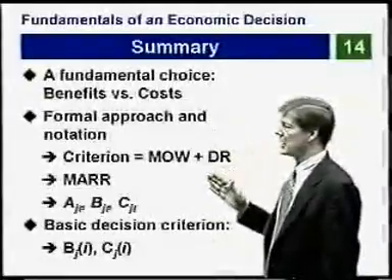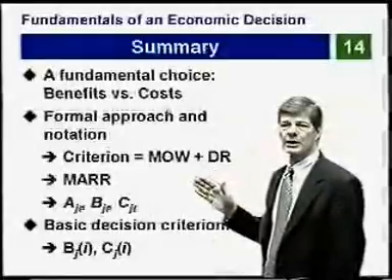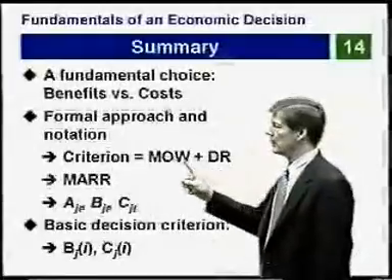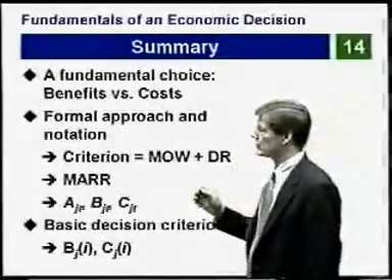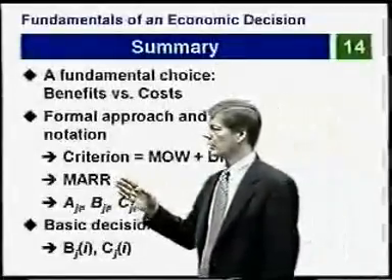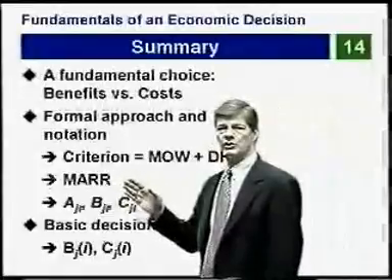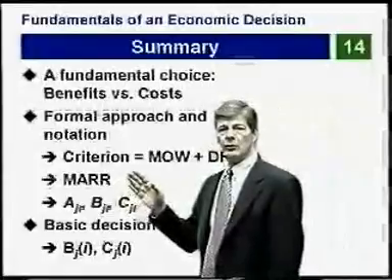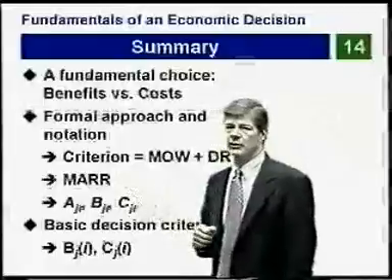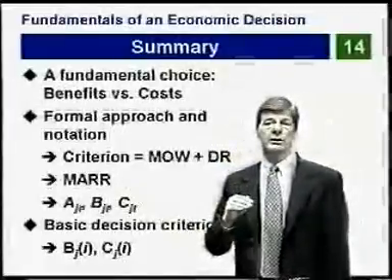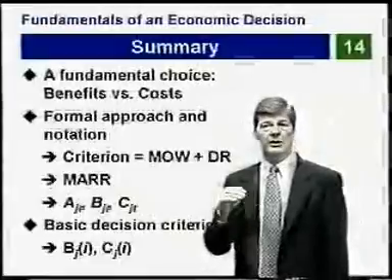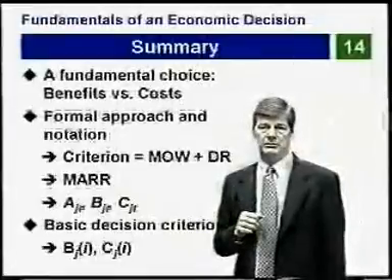We mentioned an economic decision criterion is comprised of two components, a measure of worth and a decision rule. We introduced the notion of a minimum attractive rate of return, that is, an interest rate at which you can always invest. And the role of the minimum attractive rate of return is to help set the standard by which we will compare our opportunities to determine whether they are economical or not economical.